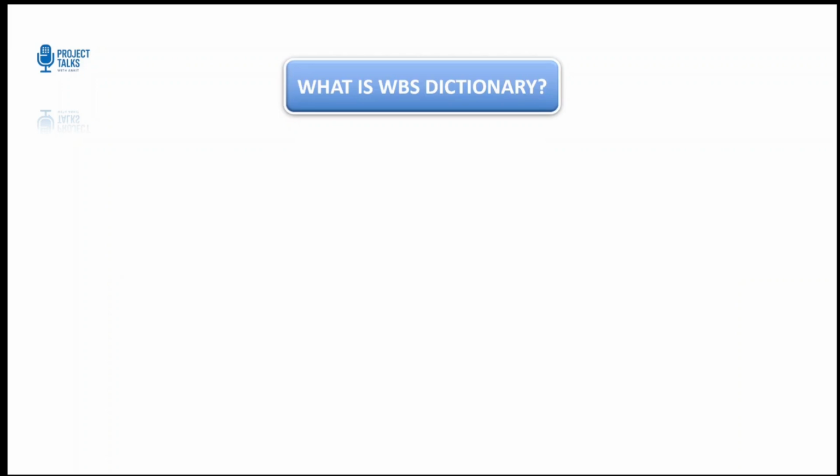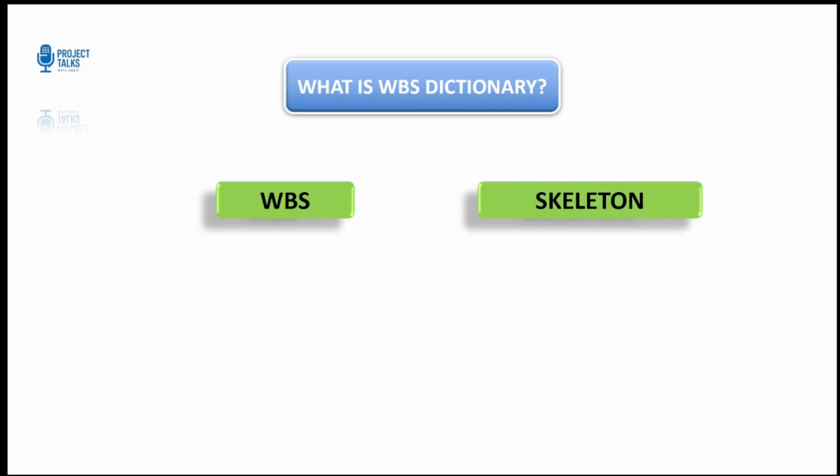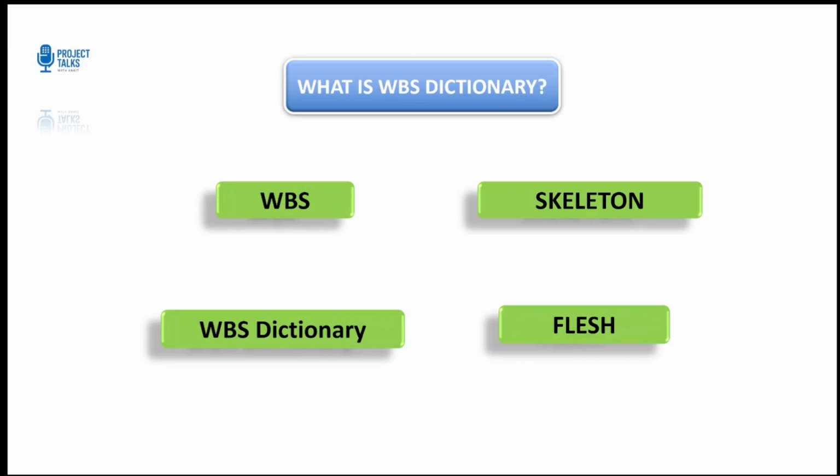Now we have discussed WBS, but what exactly is a WBS dictionary? Let's take a quick look at the WBS dictionary, the document that gives life to every component in your WBS. You can think of WBS as the skeleton, which is the structure, and WBS dictionary as the flesh. It's the details that make each part real.